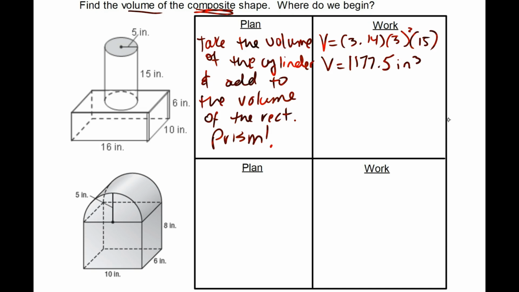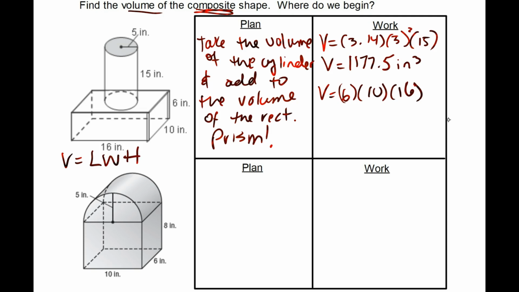And then find the volume of the rectangular prism, which is length times width times height, 10 times 16. We have not gone over this, so I will say the volume of the rectangular prism is length times width times height, okay?